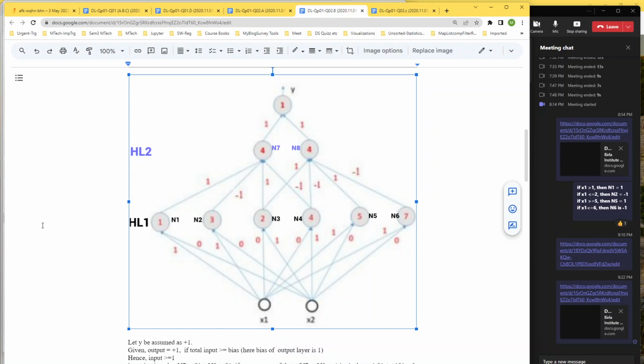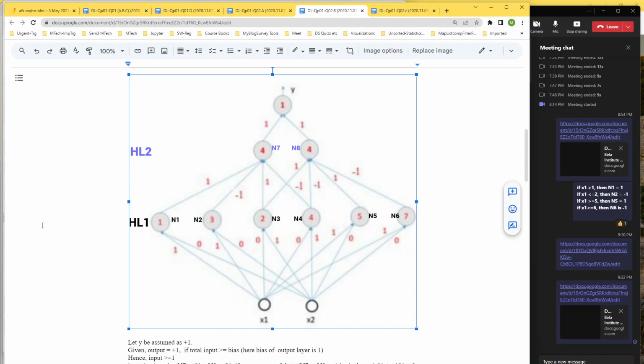In this case, total input is supposed to be greater than or equal to 1. With n7 as 1 and n8 as +1, 1 into 1 plus 1 into 1, it is going to be 2, so the total input is greater than or equal to 1.